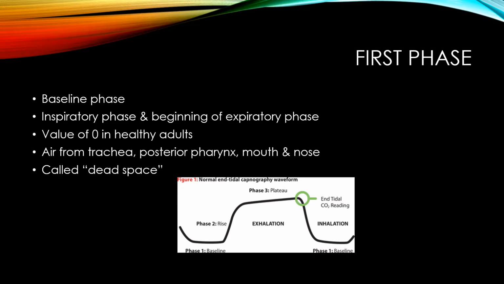If you look at the figure up here for the first phase, you can see it's at the very bottom left of the diagram. It says phase 1 baseline. And again, this is when you are doing an inspiration and right at the point where you start to expire. It's just the very, very beginning of that. And again, your level, if you are healthy, should be at 0.